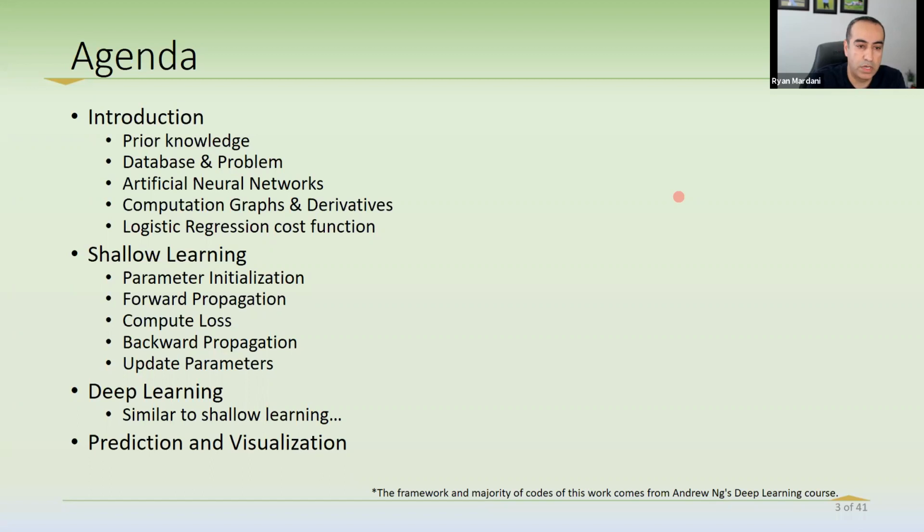We will talk about these 5 steps: parameter initialization, forward propagation, compute cost, and then backward propagation and update parameters. Deep learning is very similar to shallow learning, except that it's going to have more hidden layers. And finally, we will show our prediction and visualization.